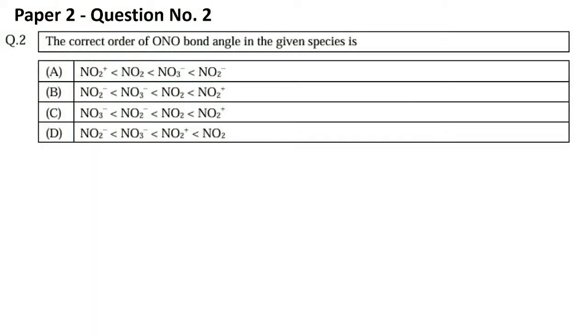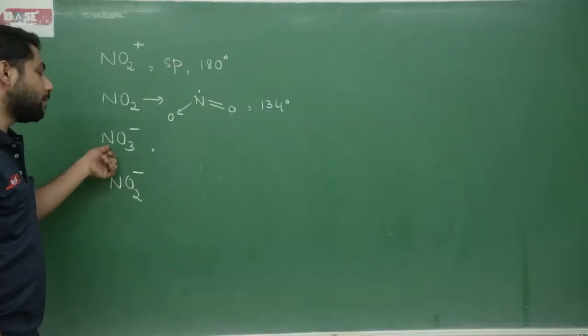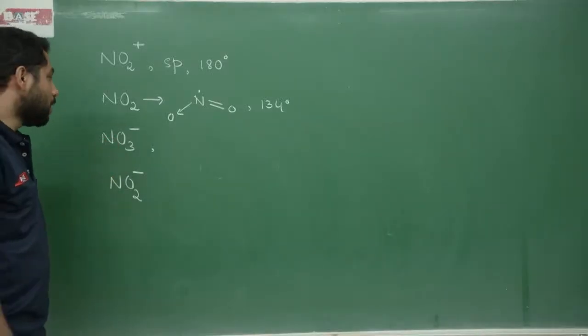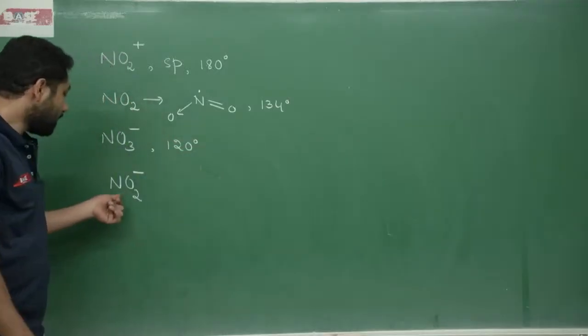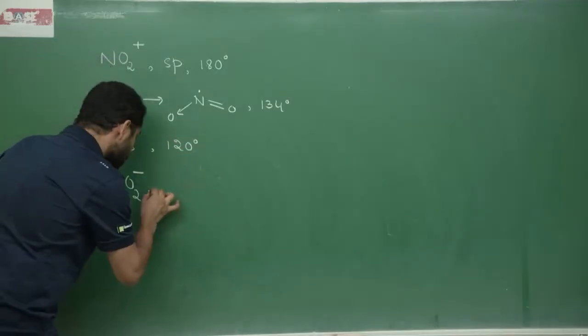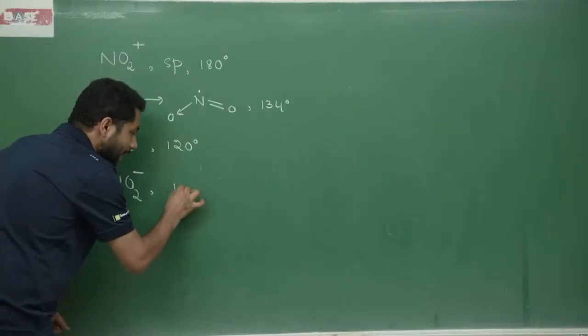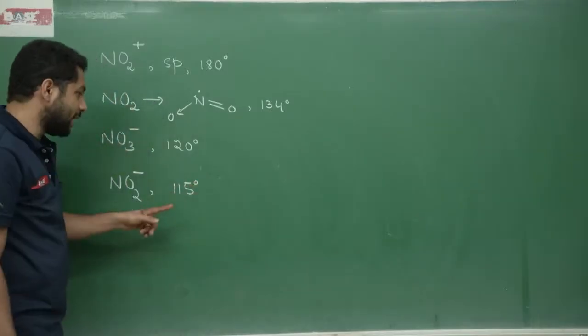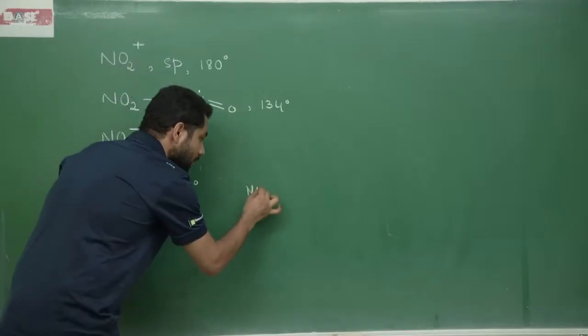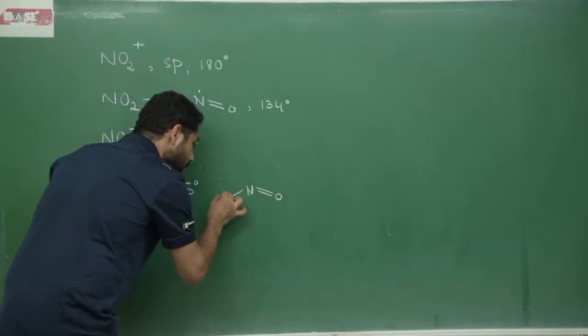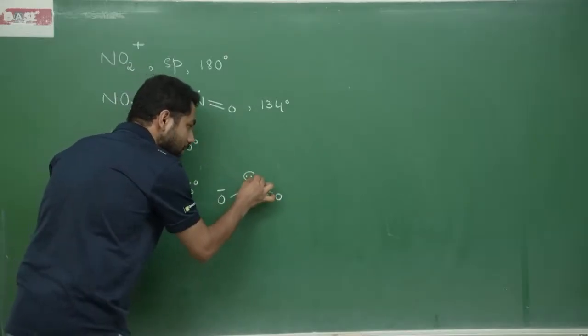And it has trigonal planar shape, so the bond angle here is 120 degree, and the last one is NO2 minus. In NO2 minus, the bond angle is close to 115 degree. In fact, when you draw the structure of NO2 minus, it will be N double bond O, here O minus, and there is a lone pair.